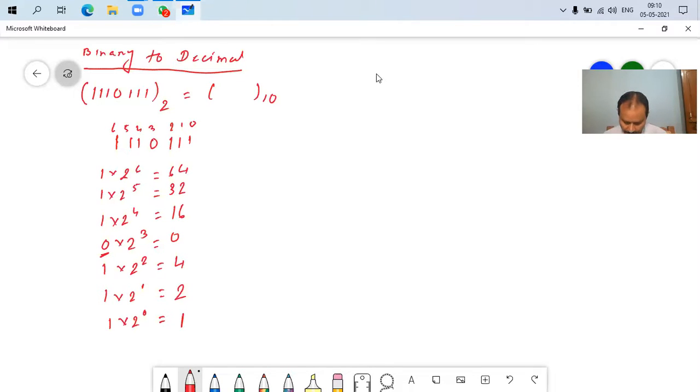Now add them all. So 2, 3, 7, and 6, 13, plus 2, 15, plus 4, 19. Carry 1, 7, 10, 11. So what we got? 119.